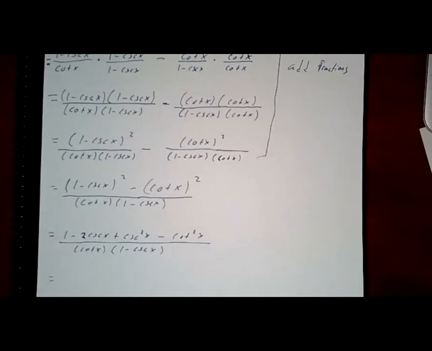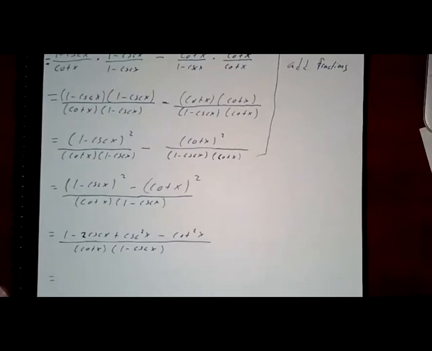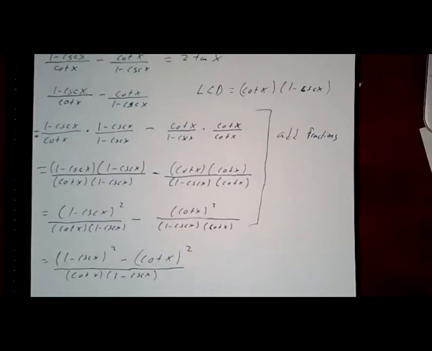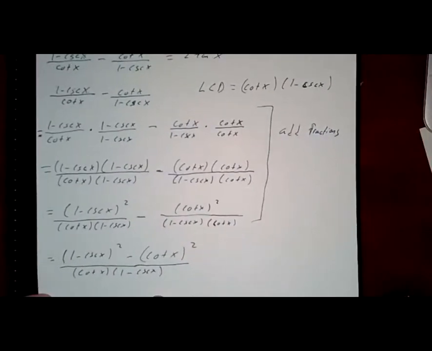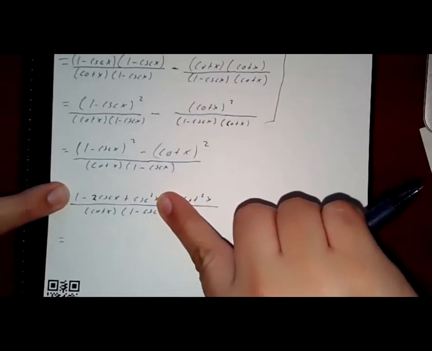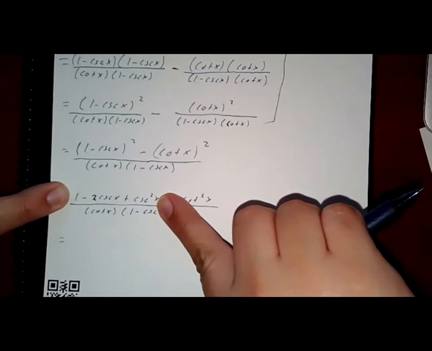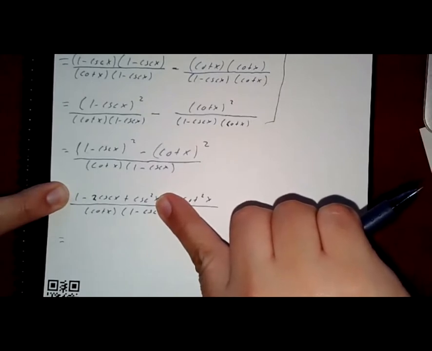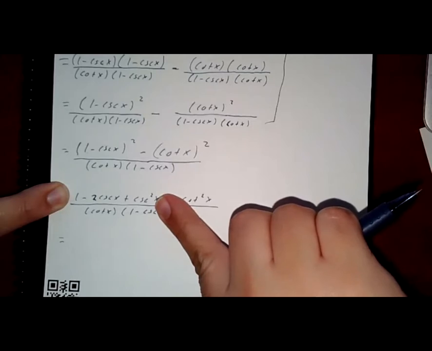My question is, if you put 1 minus 2 cosecant x because of the one above it, why are we adding another cosecant? That's like saying 3 cosecant, isn't it? Are you wondering where these 3 pieces came from? Yeah, I want to know where that 2 cosecant came from.